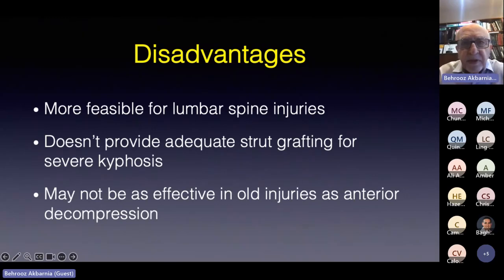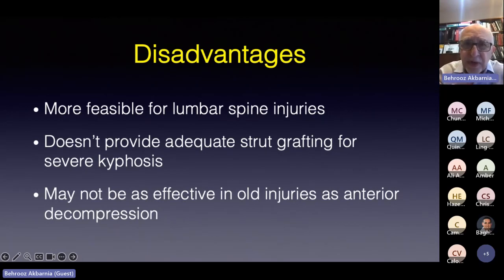But there are some disadvantages as well. It's more feasible for lumbar spine injuries rather than thoracic, perhaps. It doesn't provide adequate strut grafting for severe kyphosis. So those that really are kyphotic and require strut grafting between two segments may not be suitable.